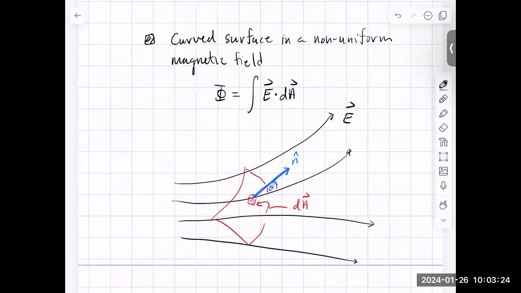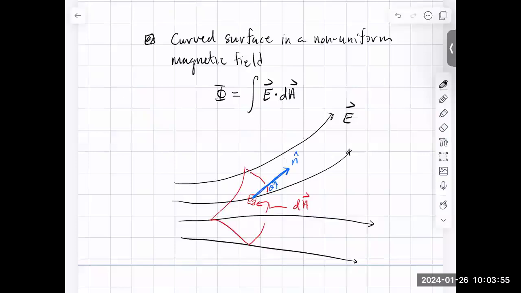That's in general a more challenging calculation, but our idea was to divide the surface into small little patches. I've highlighted one of those patches shaded red, and we could say, if we make our patch small enough, then our surface will appear to be flat, and the electric field will be approximately uniform over the area of at least that small patch.